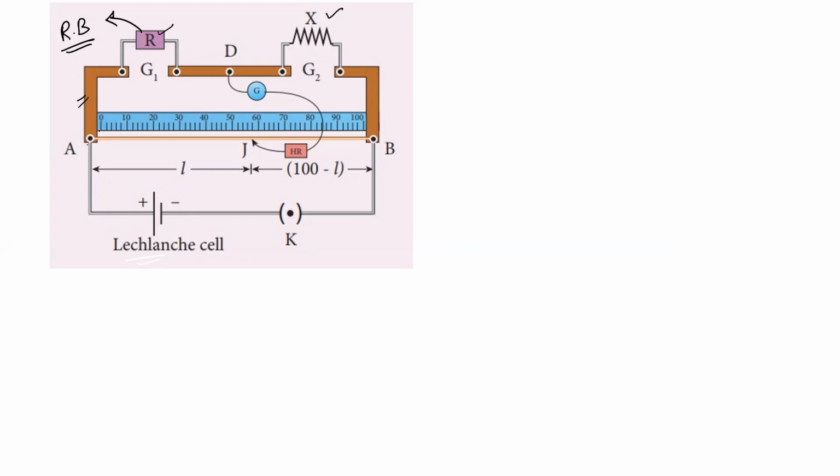Suppose the pen is connected to a wire and this pen is conducting. If we move the jockey, a pen which can be moved over this wire AB, from point A we start moving the jockey over the wire, and we find that at a particular point P, the galvanometer shows zero deflection.